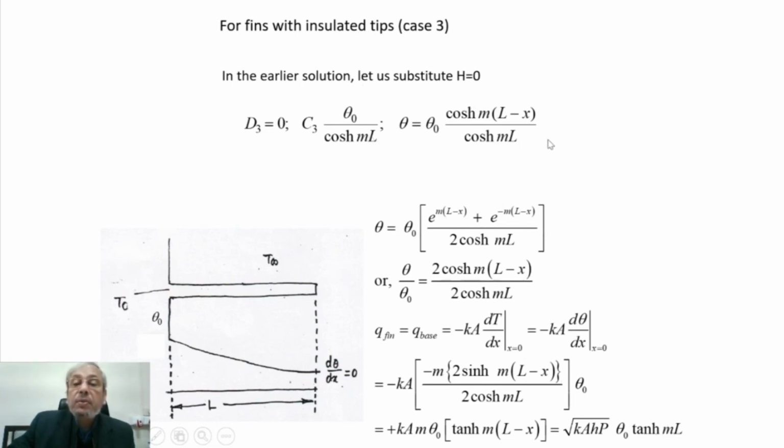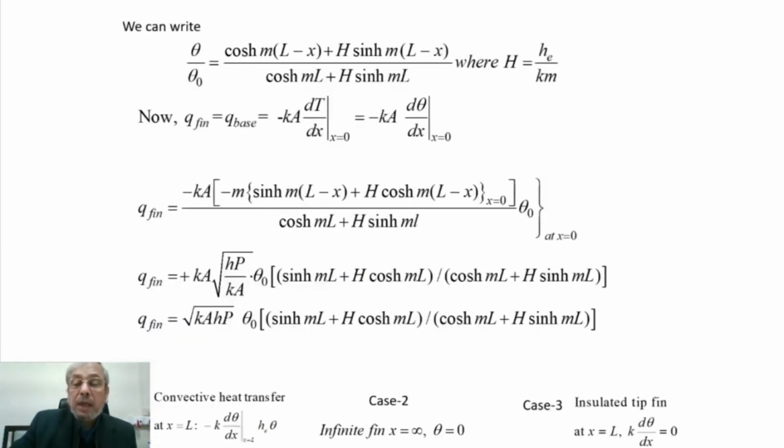From the previous solution, we get a special case where h is 0, and then we get the form of theta by theta naught. We differentiate d theta by dx, get the expression, substitute x equal to 0, and we get this root over kAhP theta naught tanh(mL).